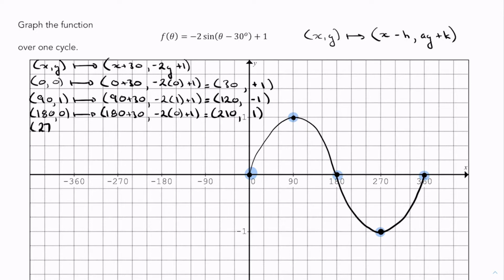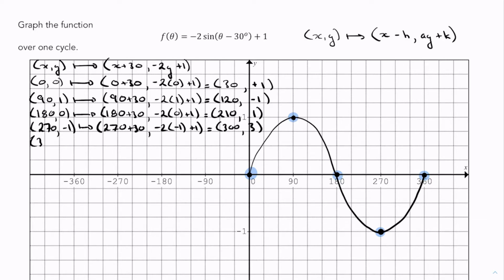Then we have 270, comma, -1. That's going to map to 270 plus 30, comma, -2 times -1 plus 1, and that will be 300, comma, 3.